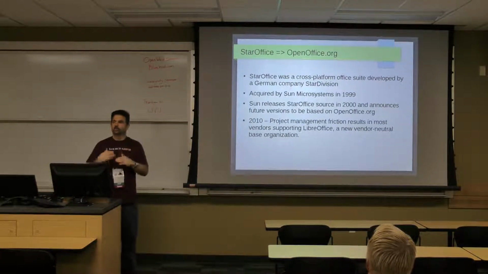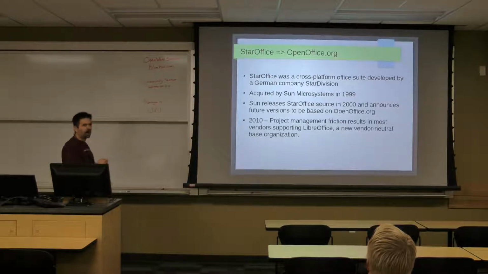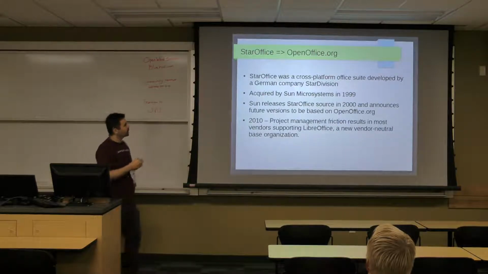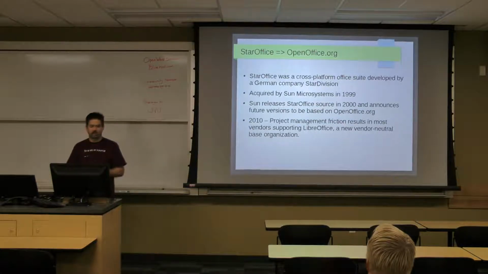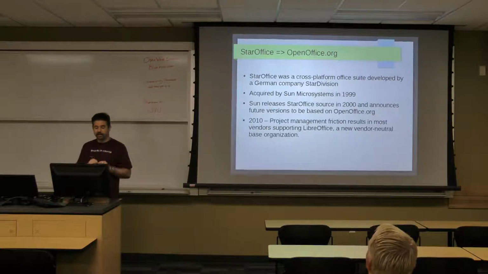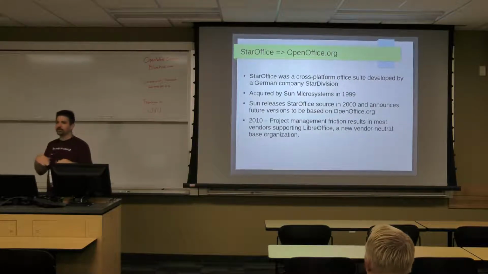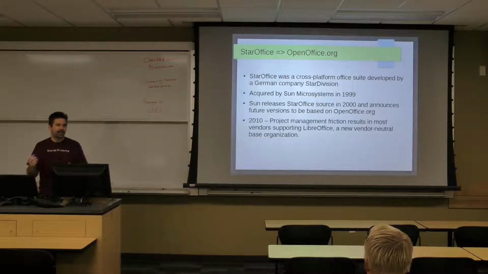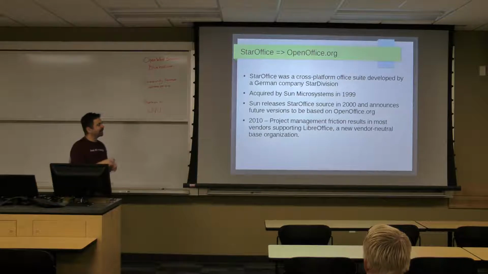Another, almost a repeat of the Netscape experience, was what happened to StarOffice. StarOffice was a cross-platform office suite developed by a German company called Star Division. I didn't realize this until I did a little research, but they were actually creating StarOffice as early as the mid-1980s, for your little Commodore-type computers and things like that.